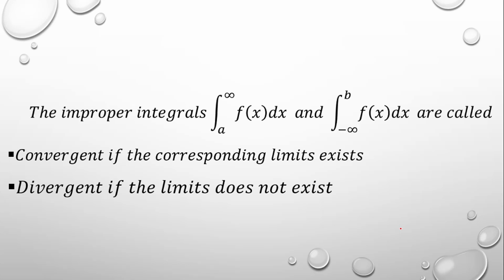So when you solve and put the values inside, and you get the limit to exist, therefore the function is convergent. And when you solve and the limit does not exist, the function is divergent.